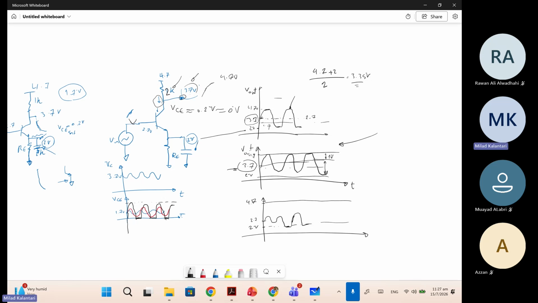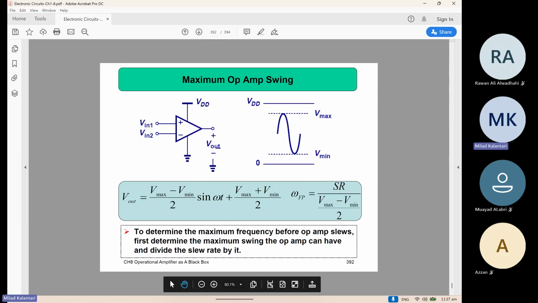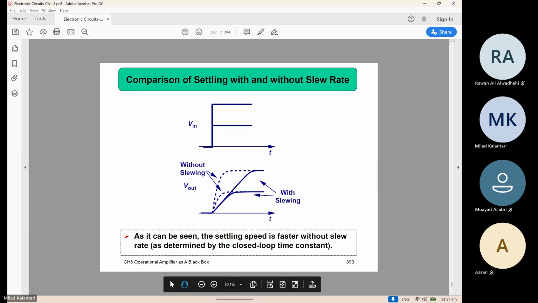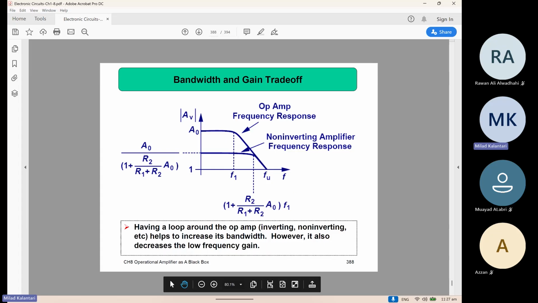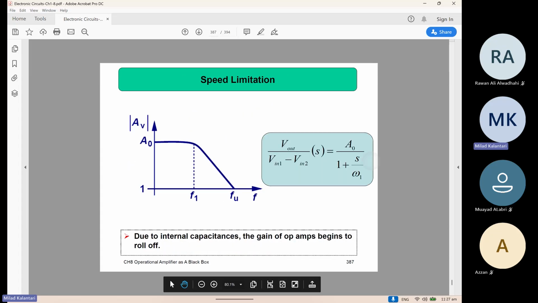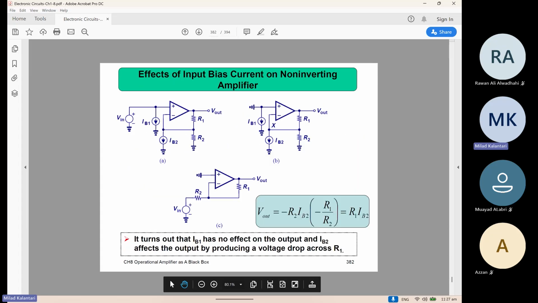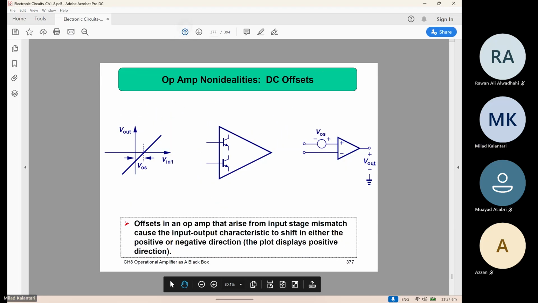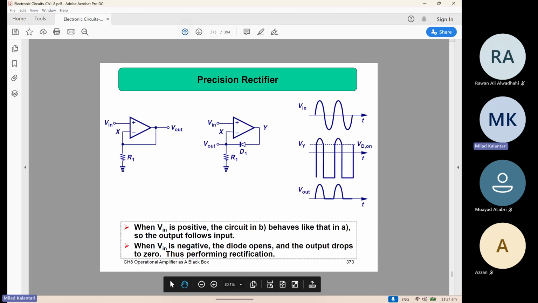And then I wanted to continue a little bit more on the slides, which today is supposed to go to, where is this? We go to the MOSFET.